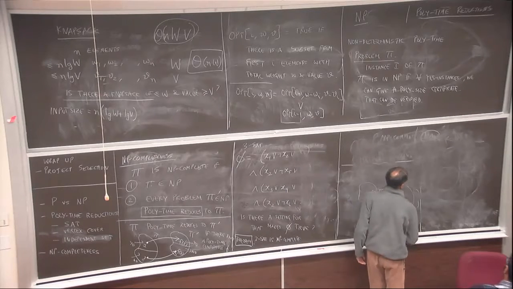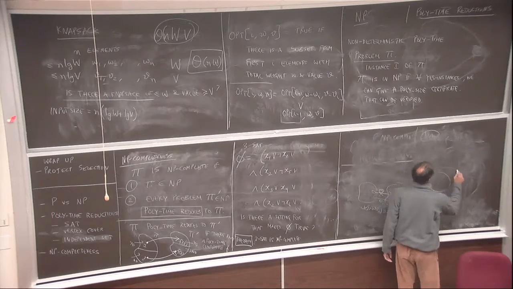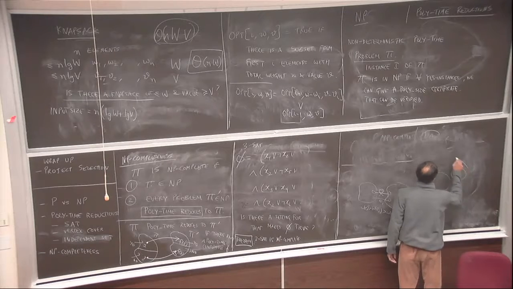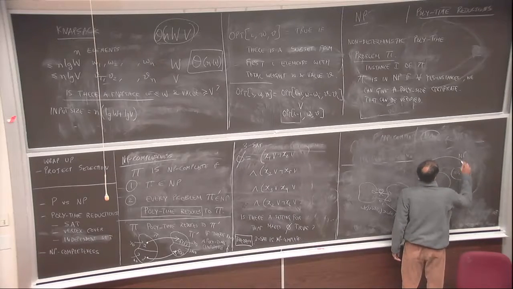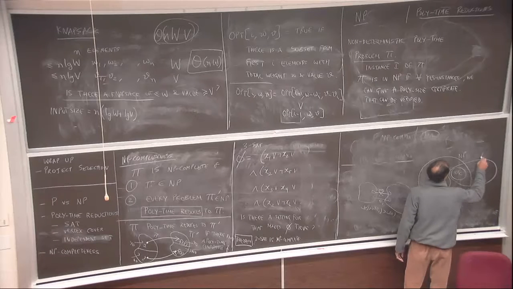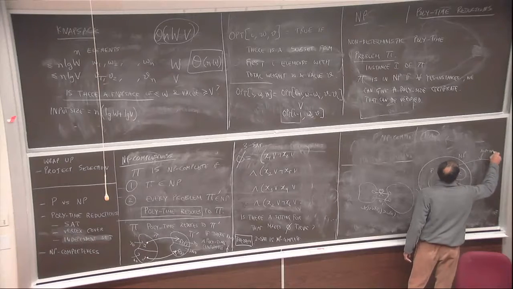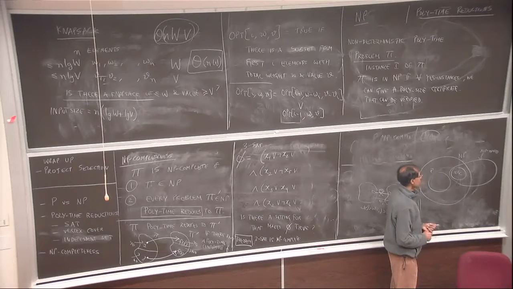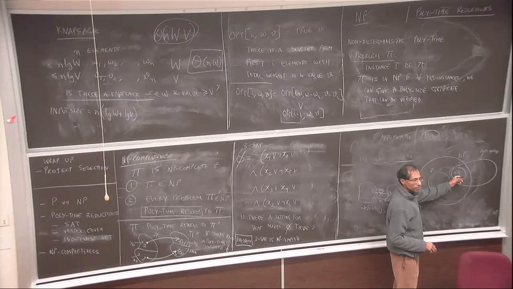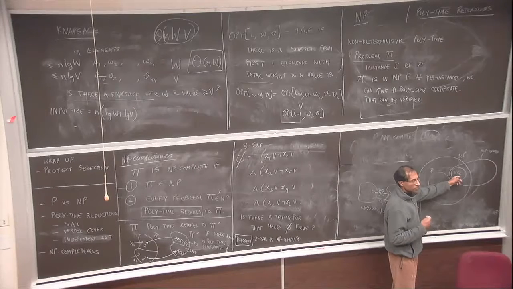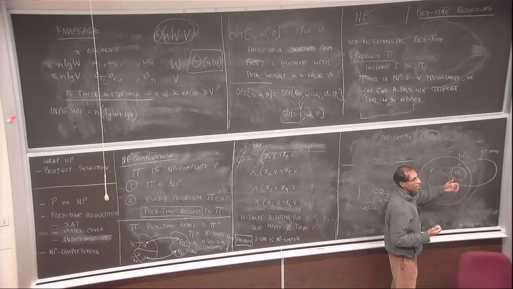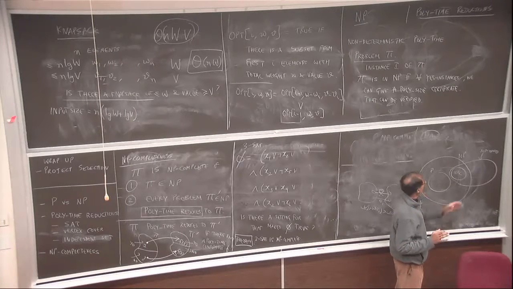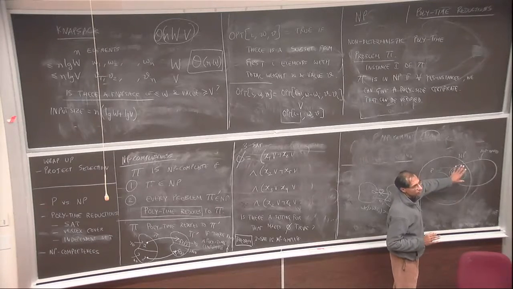This is P, this is NP, and NP hard is bigger, but it will contain NPC. It has to contain it. Mostly people care about NP complete. Even though they call it NP hard, most of those problems are also NP complete. Because when you say hard, the main point is that those are harder than everything in NP. That's the main point.